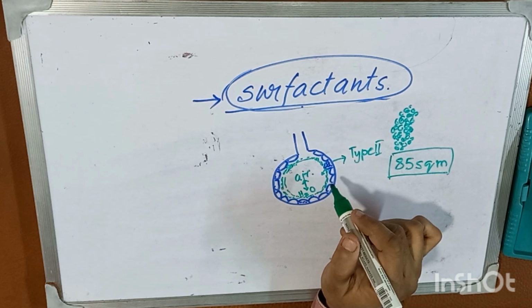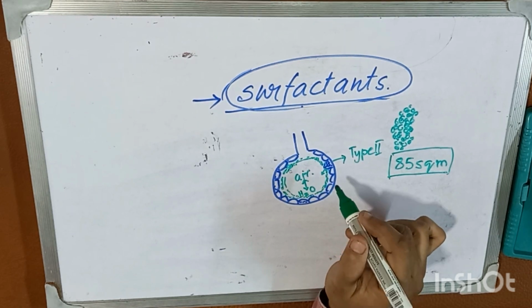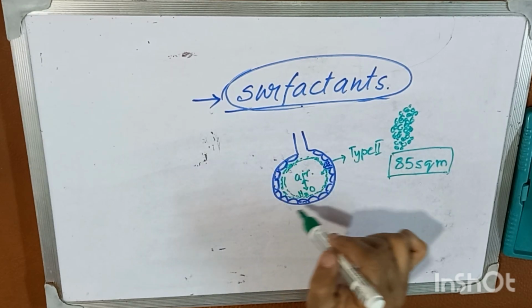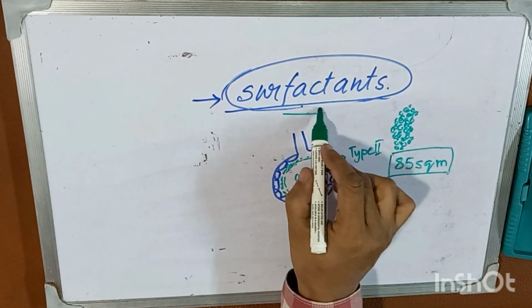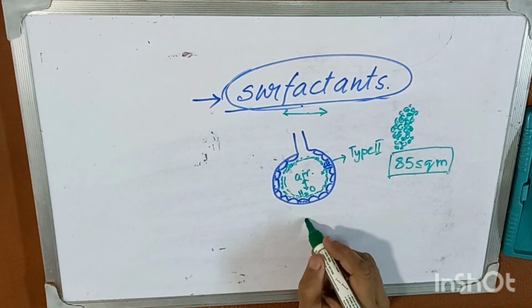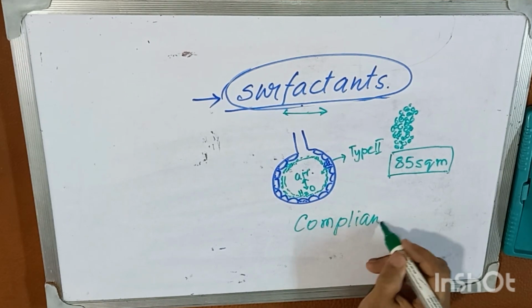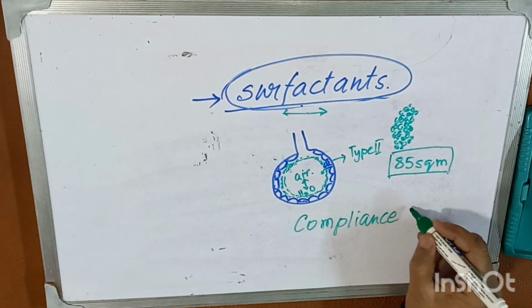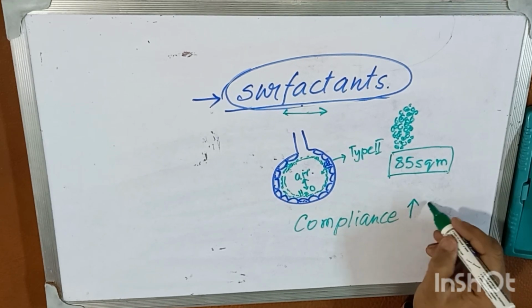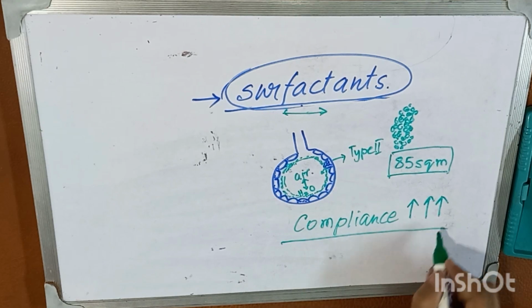So while lowering the surface tension, what does this surfactant do? This is a very important thing. We just now learned compliance, and so what does this surfactant do? They increase the compliance. Why do they increase this compliance?